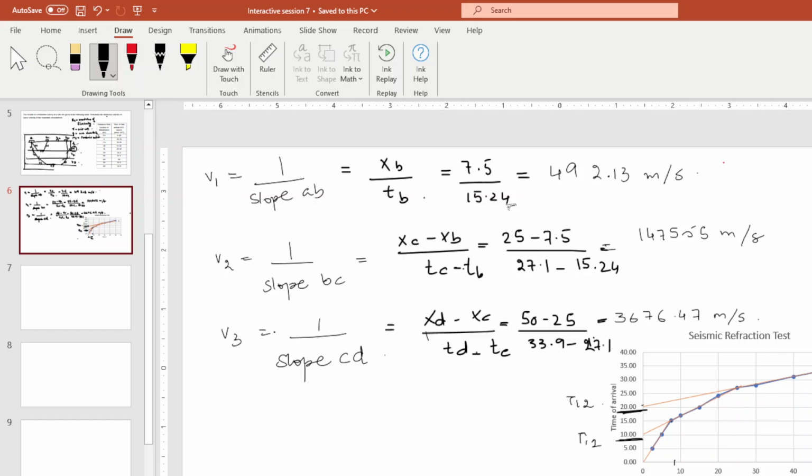Let us say that we have three layers. Let us say this is Z1, this is Z2, this is Z3.